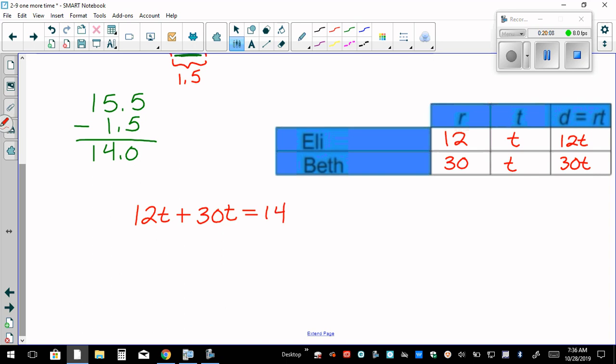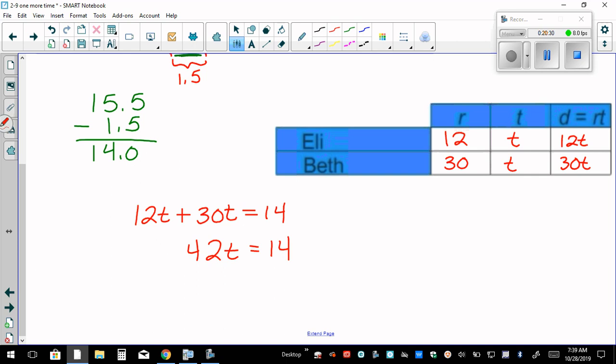If we solve for T, that'll give us the time it takes them to travel 14 miles. So 30T plus 12T is 42T, and that's going to equal 14.